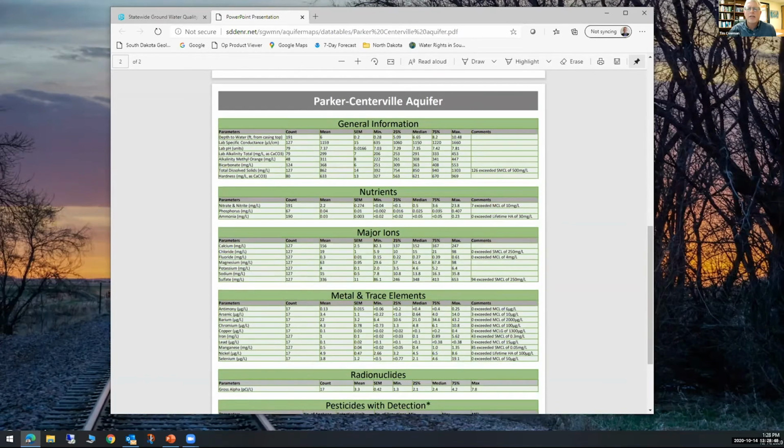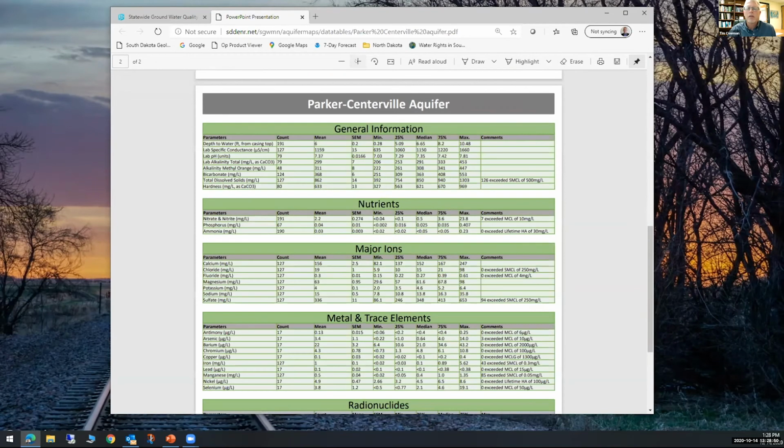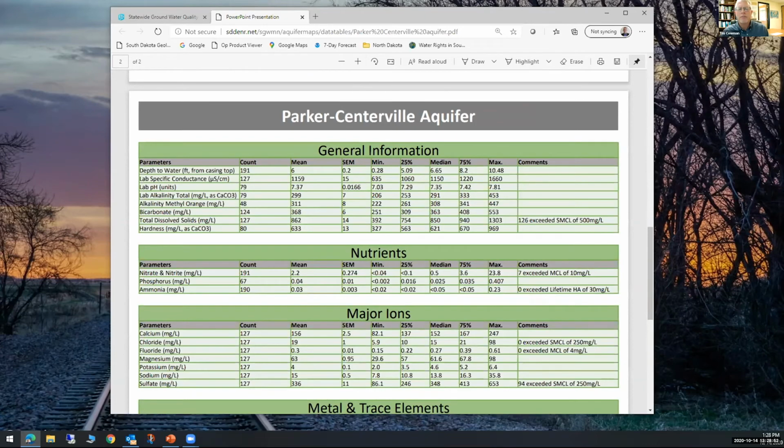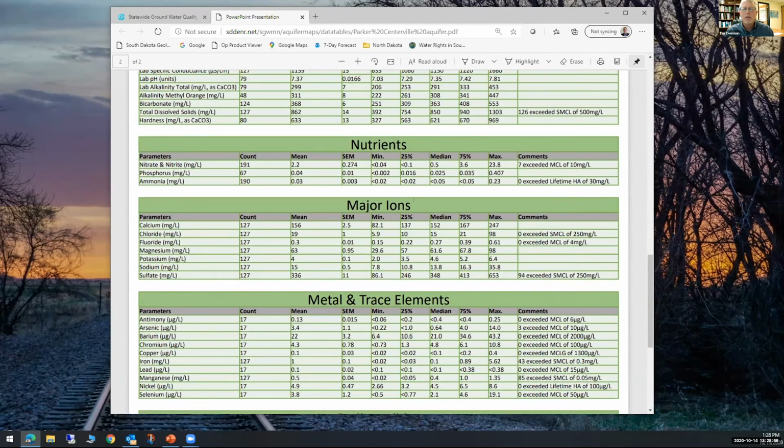And if I scroll down to the next page here, here is the statistical information that we've generated over the years from that aquifer. So let's start with the nutrient section, and look at the nitrate. So we've got 191 groundwater samples that we've analyzed for nitrate from the Parker Centerville Aquifer. The mean or average concentration is 2.2 parts per million.